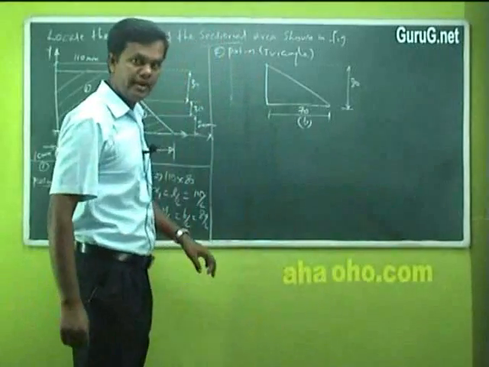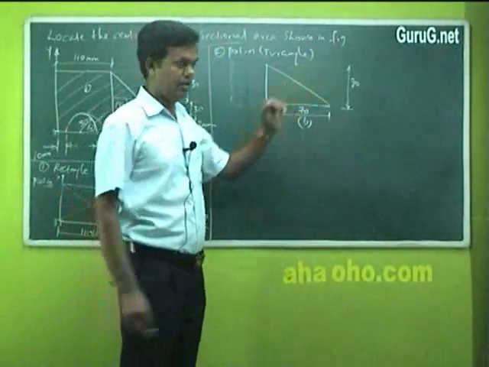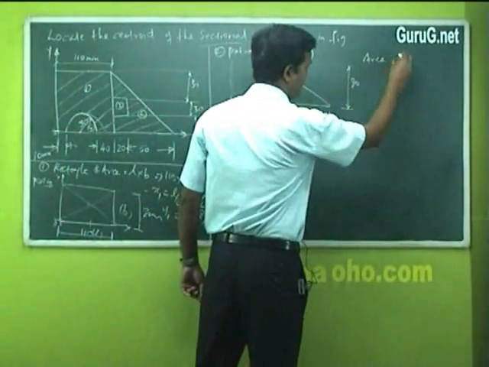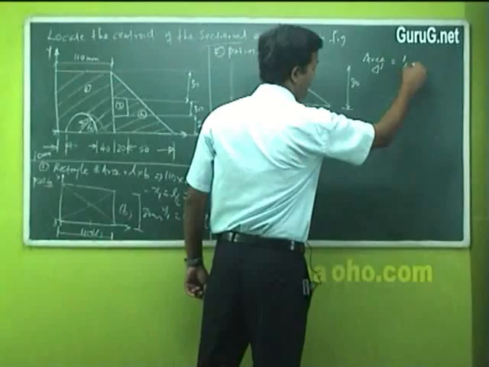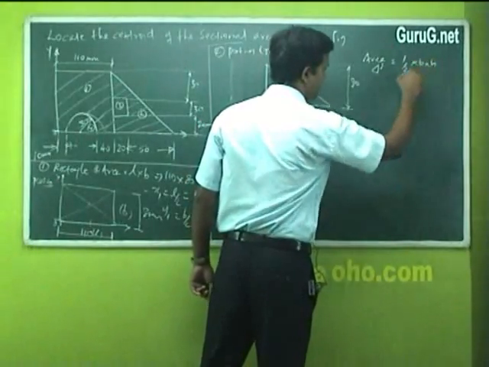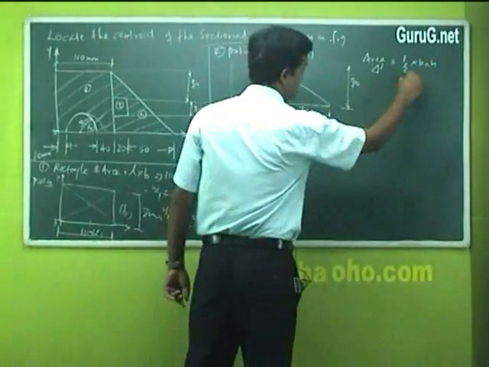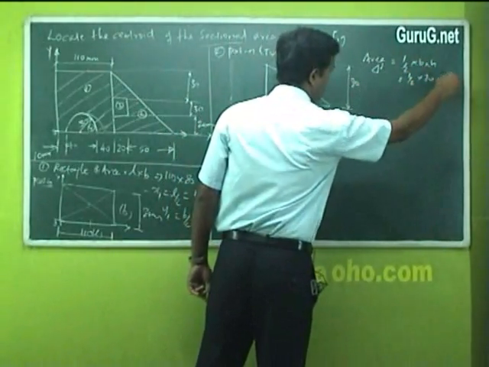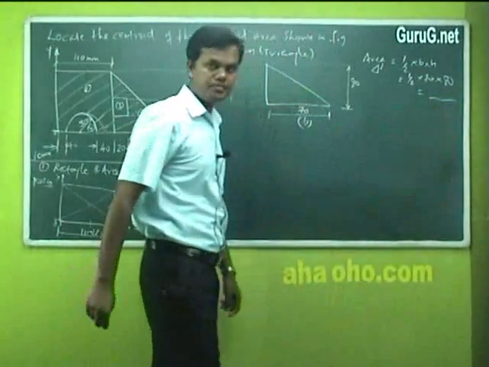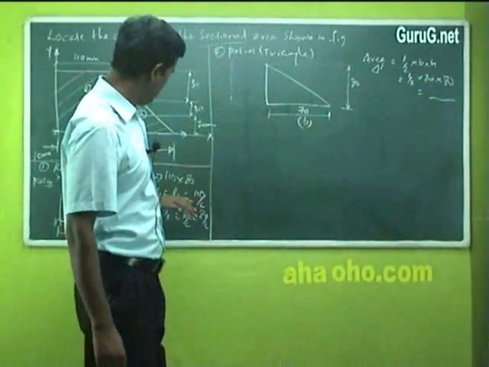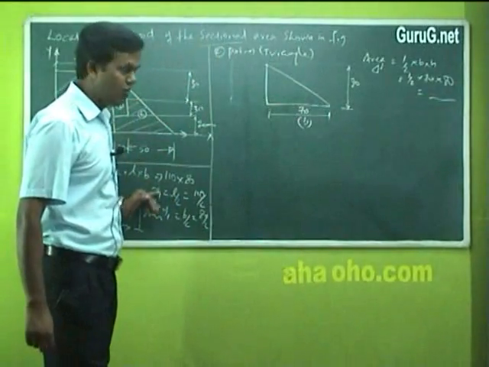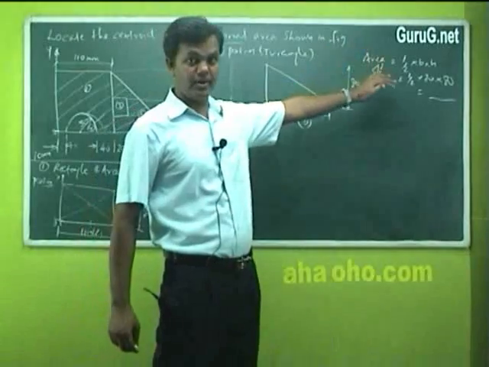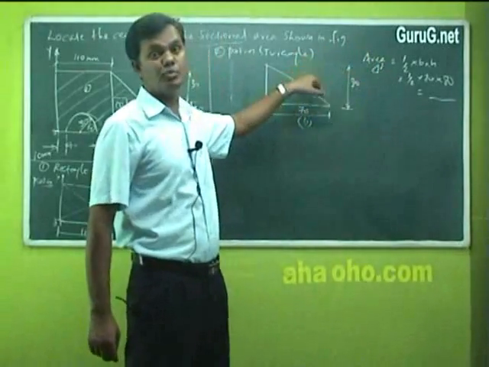80 mm. Again, area of the triangle. What is this? Half into B into H. That is the formula. So it's half, B is 70, breadth into height 80. You write the value. First step. Then you have to find the x value for this triangle. First step is writing area, second step is finding the center of gravity for the individual portion.